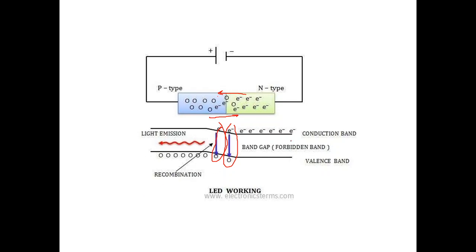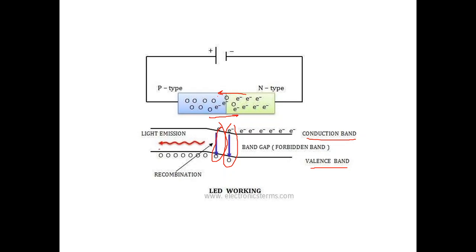If you observe, the electrons are present in the conduction band, whereas the holes are present in the valence band. The conduction band is the higher energy level and the valence band is the lower energy level. In order to recombine, the electron has to release its energy to go through the neutralization process by emitting photonic energy.